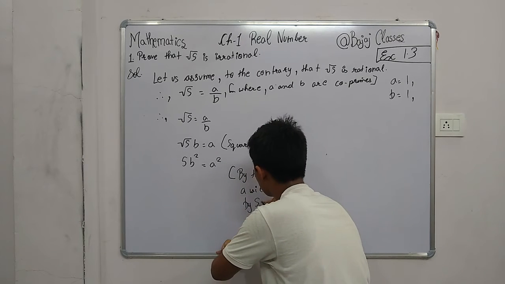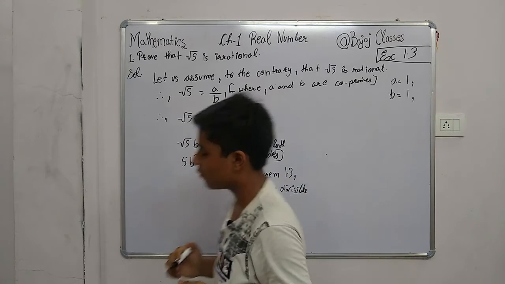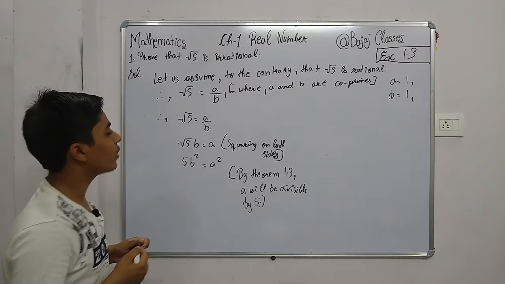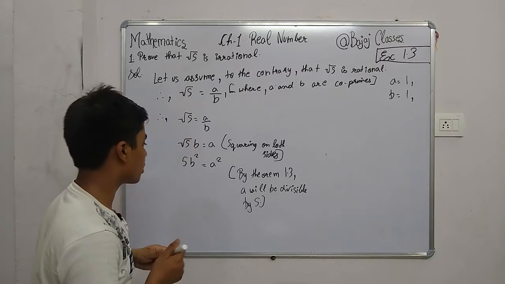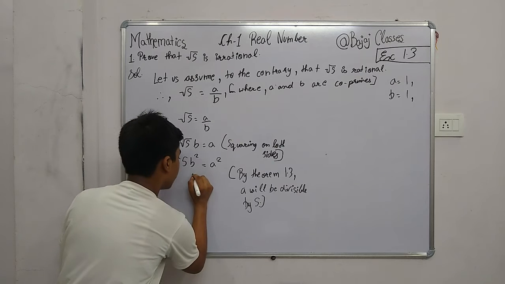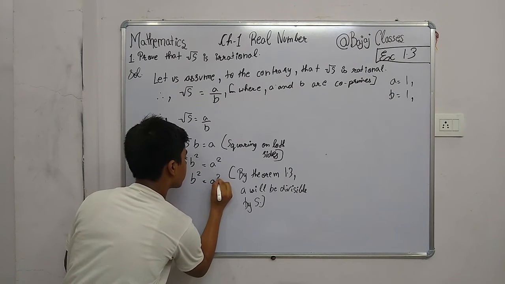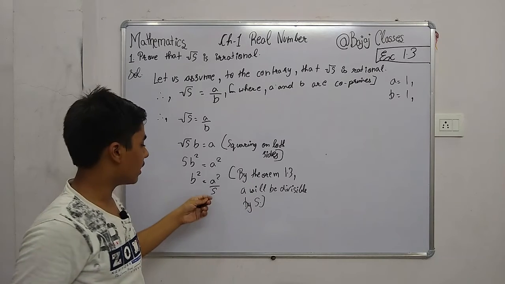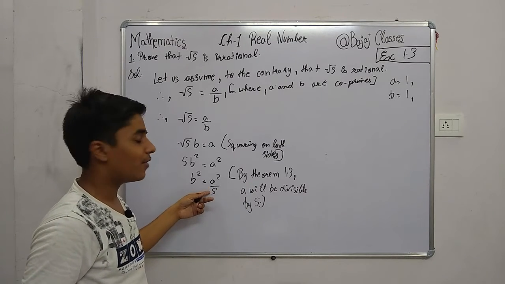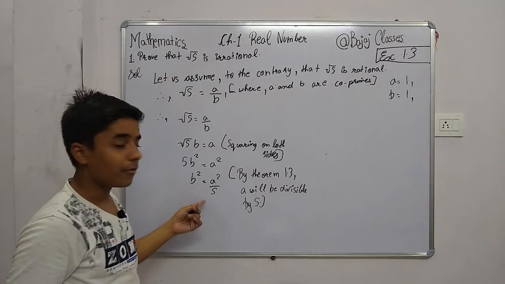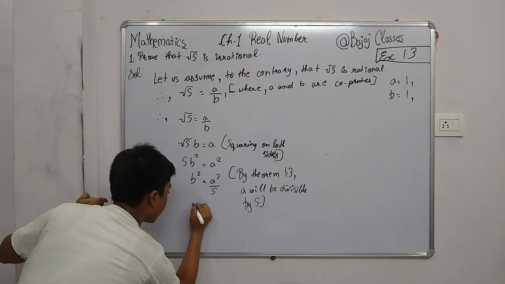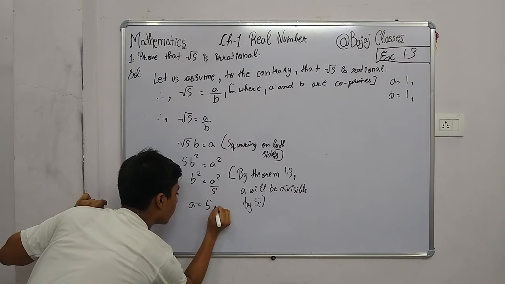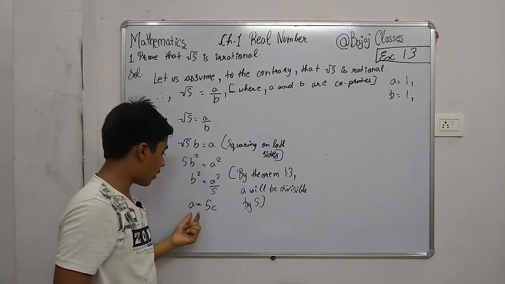We have to use all the theorems in this question. So b square equals a square by 5, and by theorem 1.3 we can conclude that if a square is divisible by 5, then a will also be divisible by 5. So a will be 5c.